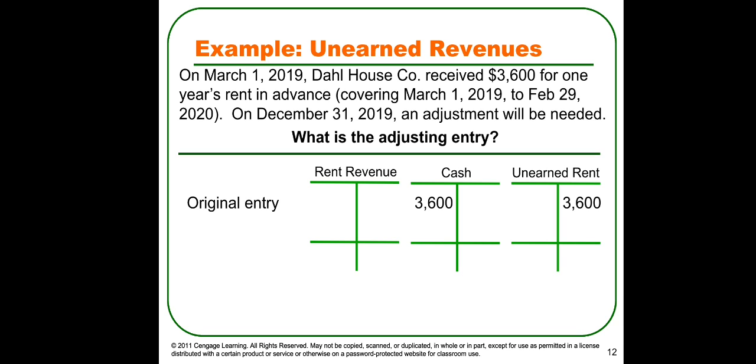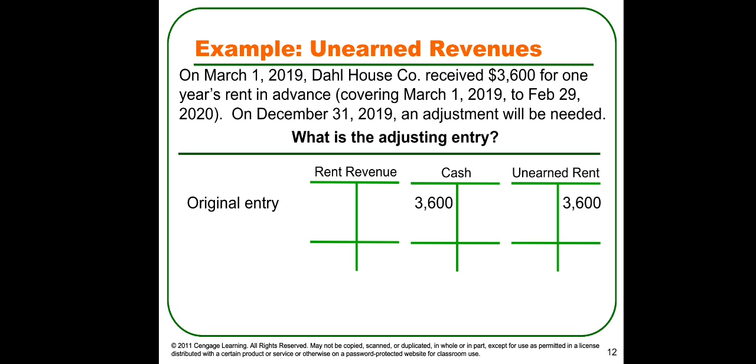Okay, unearned rent is a liability account. So when the transaction happened on the 1st of March, the business recorded an increase in asset cash of 3,600. The second record is credit account unearned rent 3,600.